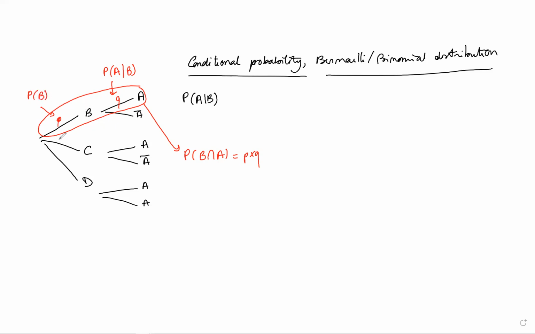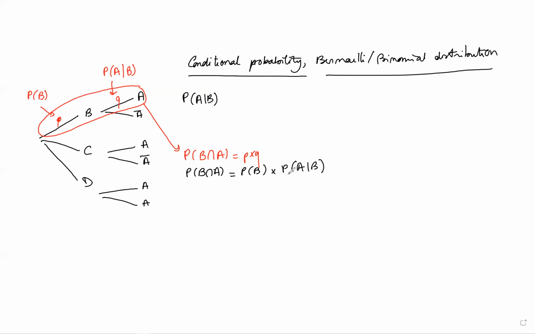That's how you draw the tree diagram. So what it means is that the probability of B and A is your little p here, probability of B, times Q, which is the probability of A knowing that B occurred.